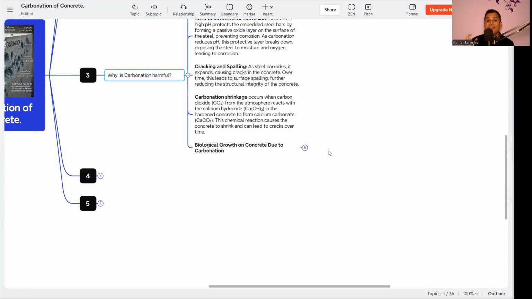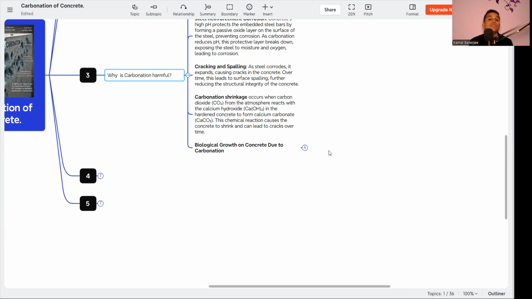Now, what is happening when carbonation shrinkage occurs? The carbon dioxide from the atmosphere reacts and produces calcium carbonate. This chemical reaction causes the concrete to shrink and can lead to cracks over time. This reaction also reduces the concrete volume, and again stress is generated, and because of the stress, cracks are generated. That is called carbonation shrinkage.